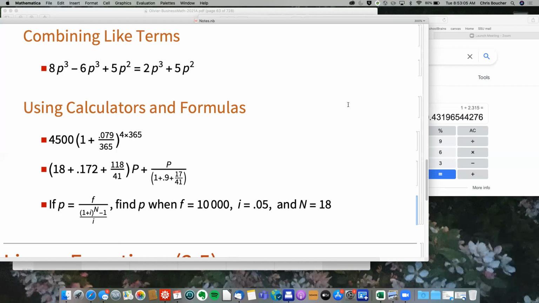Okay, so in order to do this, all I do is take these numbers and replace the appropriate variable, being sure to keep things exactly where they are. So in the numerator, that F is going to become a 10,000. And then in the bottom, 1 plus I is 1 plus 0.05.